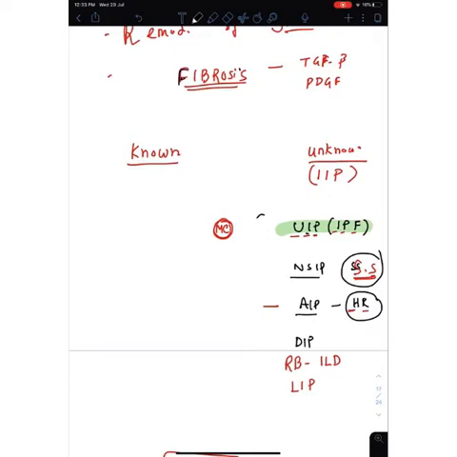Rare, fulminant, dangerous, diffuse alveolar damage happens there. Then there are desquamative interstitial pneumonia, respiratory bronchiolitis associated interstitial lung disease, and lymphocytic interstitial pneumonia. But UIP, NSIP and AIP, these three are mainly important.